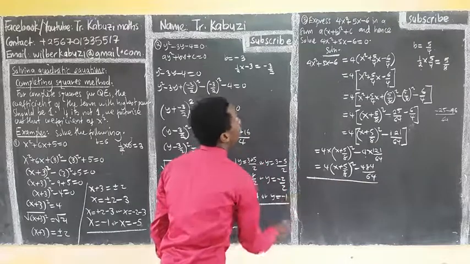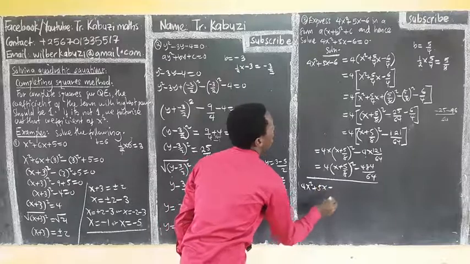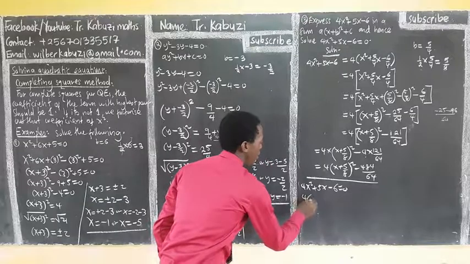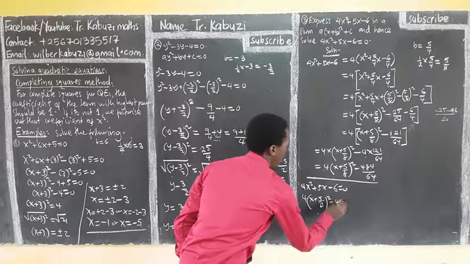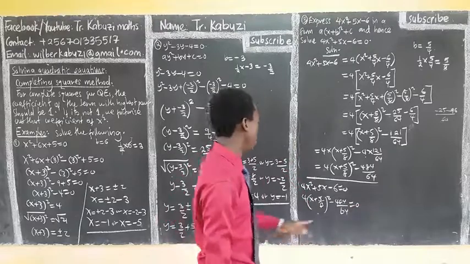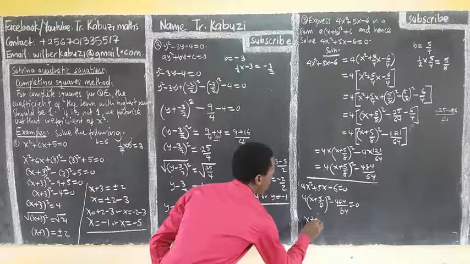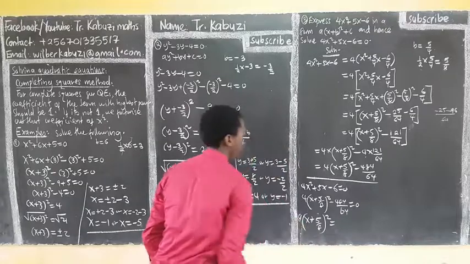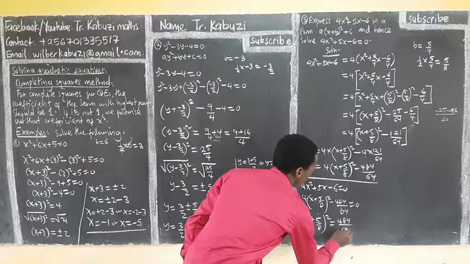Now solve 4x squared plus 5x minus 6 equal to 0. I am going to solve this. So I have now 4 into x plus 5 over 8 squared minus 4 over 64 equal to 0. Now what you do, you take this side. So you have now x plus 5 over 8, the whole squared equal to, remember, you have it for there, 484 over 64.